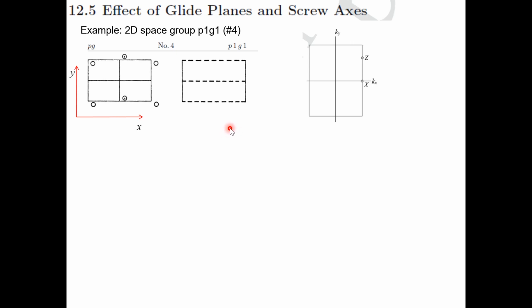And first we are going to see how this happens in a very simple case, that is a 2D space group. This is the simplest space group with a glide plane. This is 2D space group number 4, and it's a rectangular lattice. Let me call this the x and this the y directions.